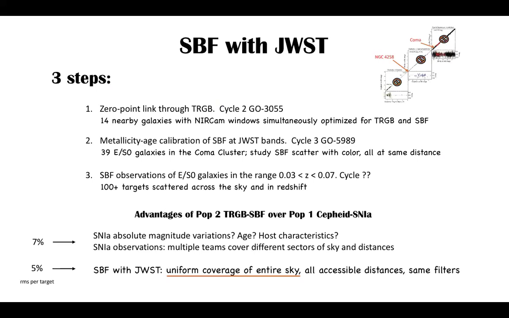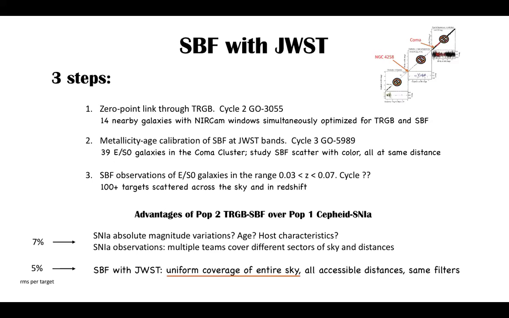So we get the zero point link through TRGB, which we've got through this cycle 2 observations, 16 galaxies, where we simultaneously see TRGB and SBF. We calibrate the metallicity and age dependencies with this cycle 3 proposal, looking at 39 or 40 galaxies in the Coma cluster, which are all at the same distance.